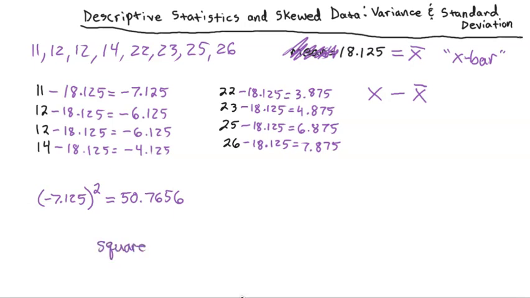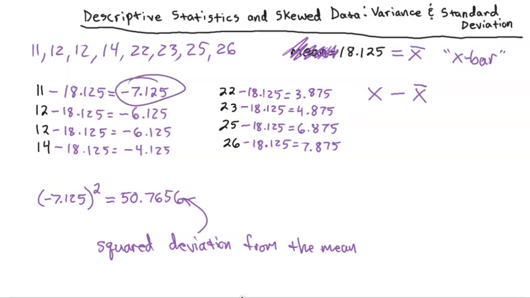The squared deviation from the mean. Okay? Now, this squared deviation from the mean is another really important number. We said the mean is an important number, and we said the deviations from the mean are important in statistics.